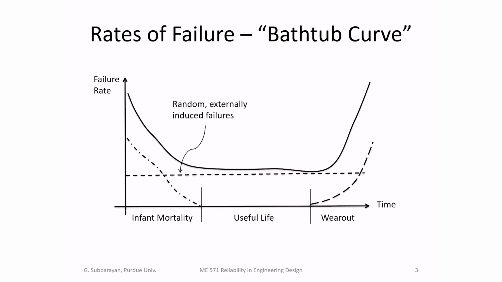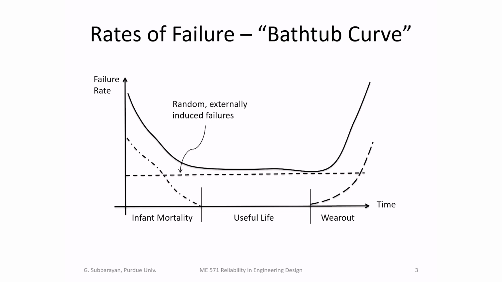As these defects cause failures, and as you exhaust all the defective parts that have escaped to the field, your rate of failure will decrease. And then you reach the useful life portion. And then as you reach the limit of your design, you start seeing increased failure rates. And that is the wear out portion. So you see this empirically.